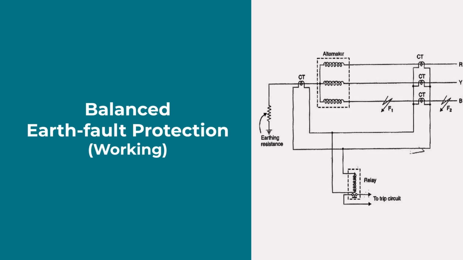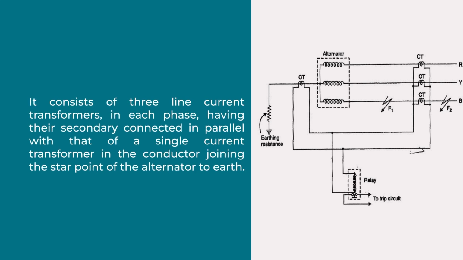The figure shows the schematic arrangement of balanced earth fault protection for a three-phase alternator. It consists of three line current transformers, one mounted in each phase, having their secondaries connected in parallel with that of a single current transformer in the conductor joining the star point of the alternator to the earth. A relay is connected across the transformer secondaries.